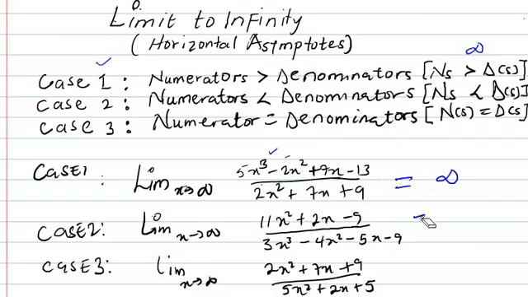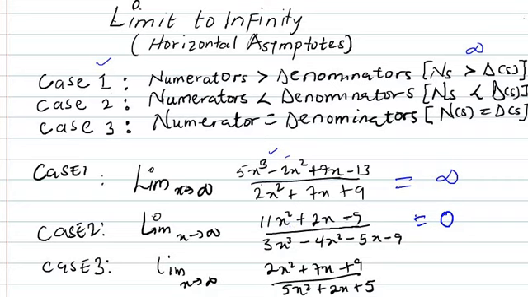And then case 2: if the numerator is less than the denominator, n of x is less than d of x, we have 0. So for example, here we have the limit as x goes to infinity of 11x squared plus 2x minus 9, all over 3x cubed minus 4x squared minus 5x minus 9.